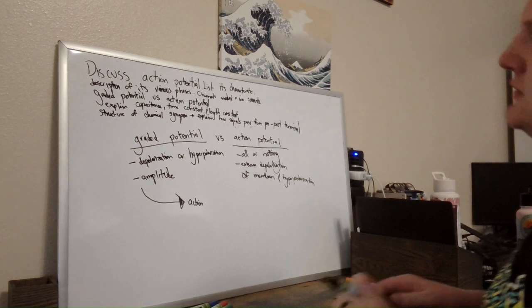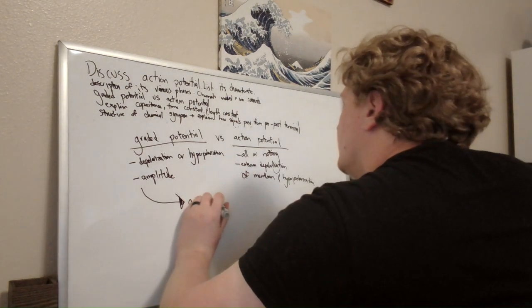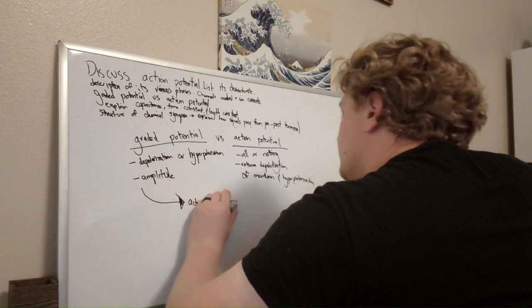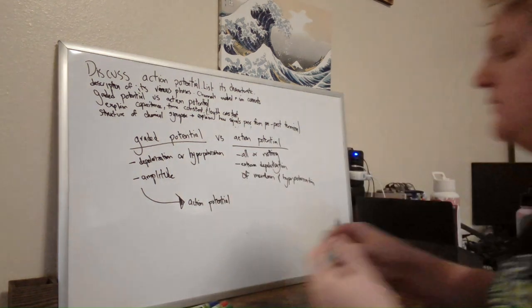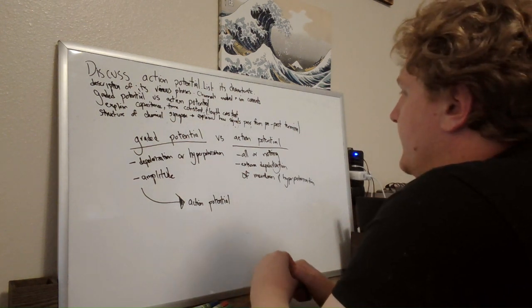So the relationship between these two is with the graded potential, if you get enough of them together, then you can get an action potential. But the opposite is not true with an action potential. Action potential will not lead to graded potentials.